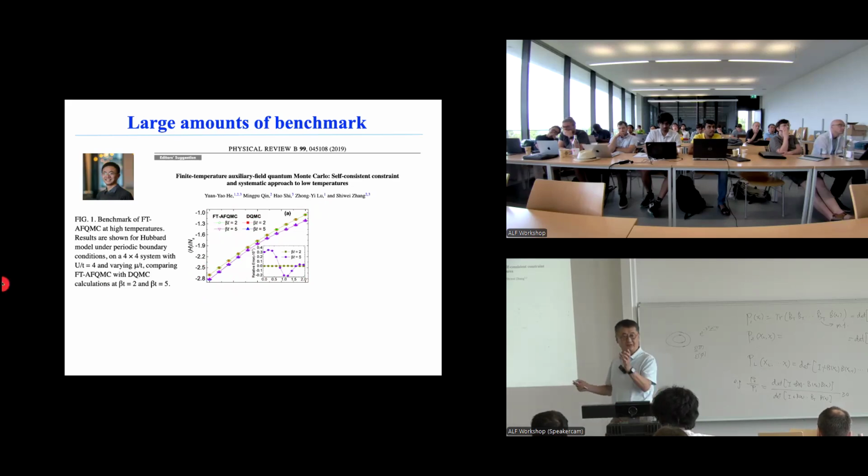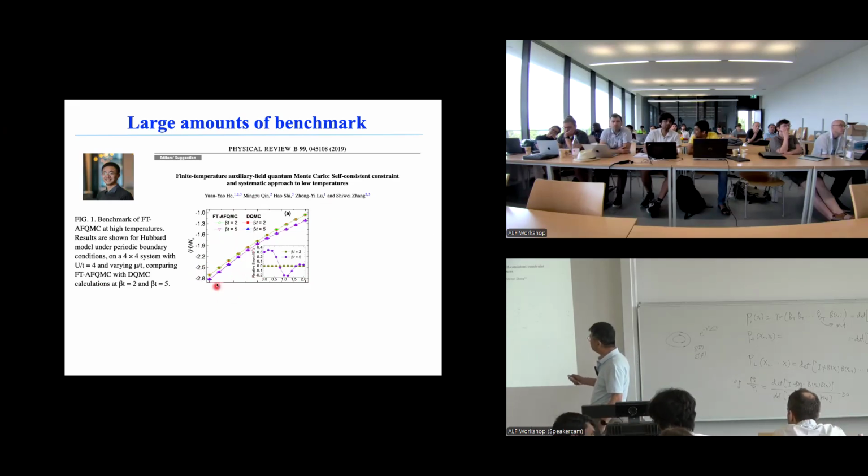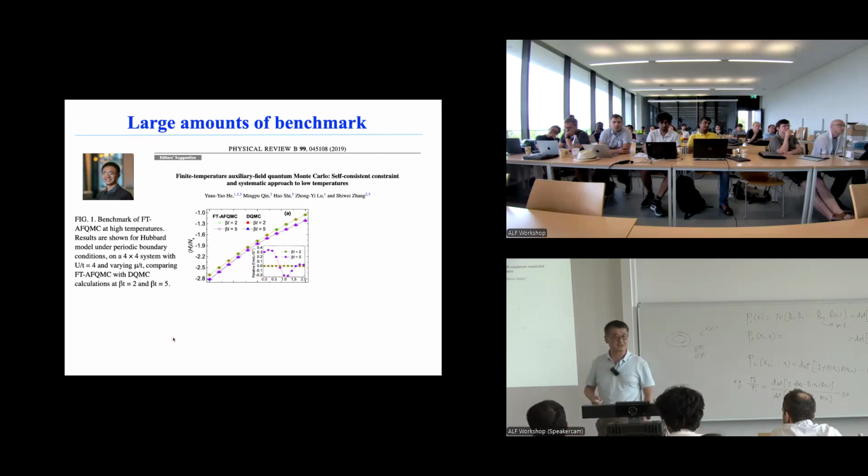There's very little negative sign problem. And beta of 5 is this set of lines. You also can't distinguish them. The inset shows the relative error, and at beta of 2 there's no relative error. But at beta of 5, you can see a relative error up to 0.3% or so on the energy. Okay.